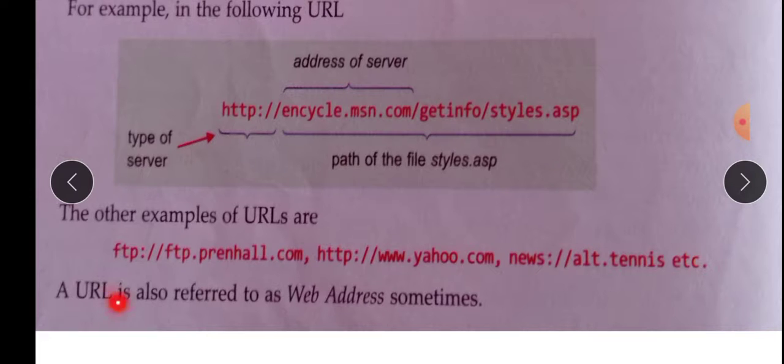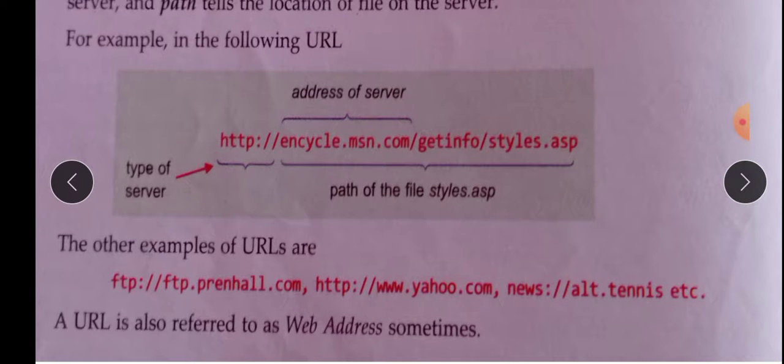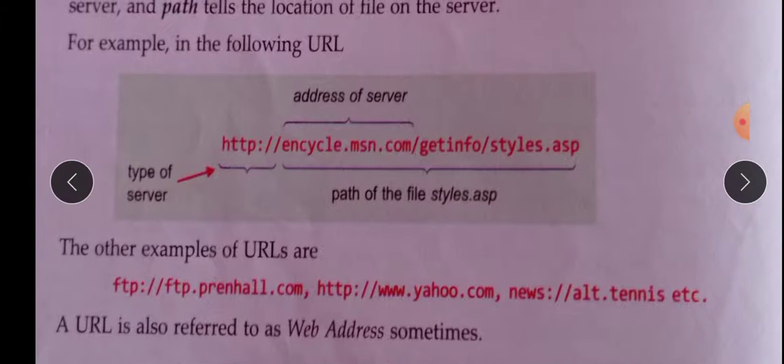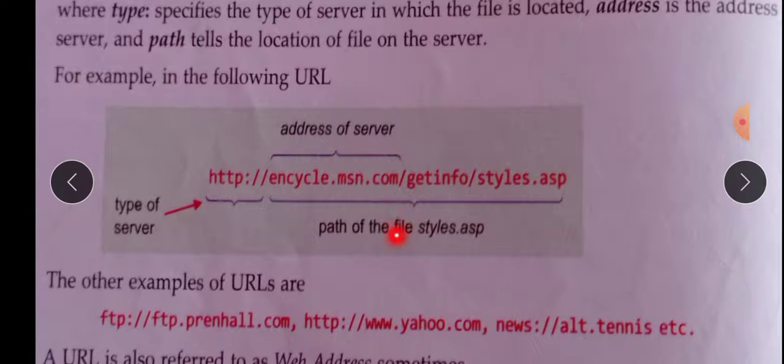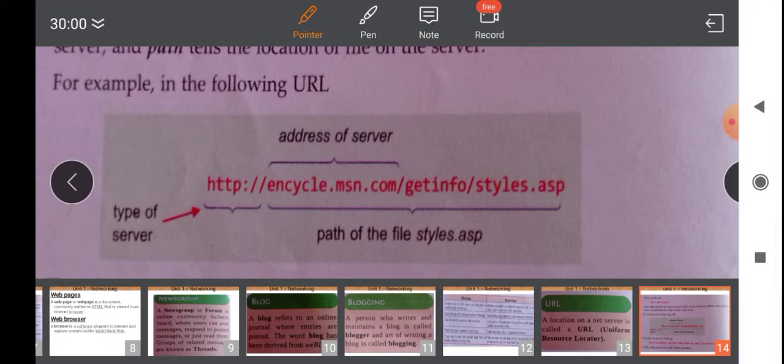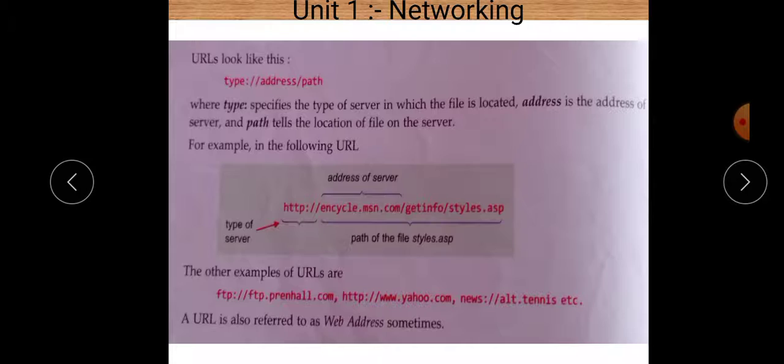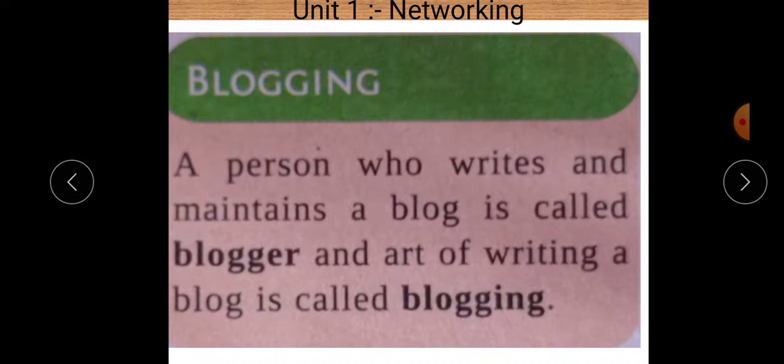A URL is also called a web address because it tells the address of a website or a web page. That is the address of the server, and that is the type of the server. The full form of HTTP is hypertext transfer protocol.